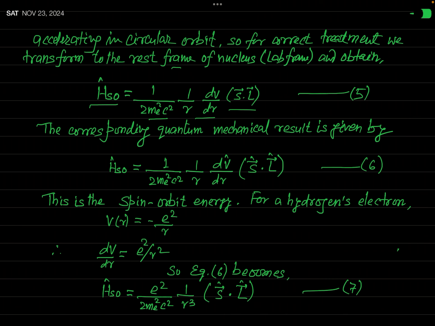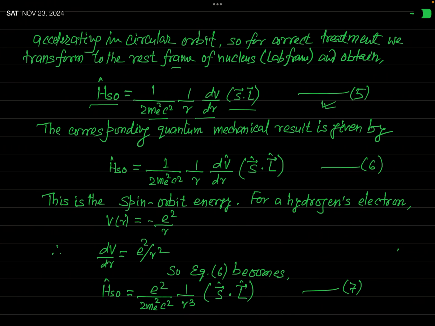Now, as you can see, this result has been derived from the classical treatment. The result which you have derived in this equation 5 has been derived completely using the classical idea or the classical treatment.